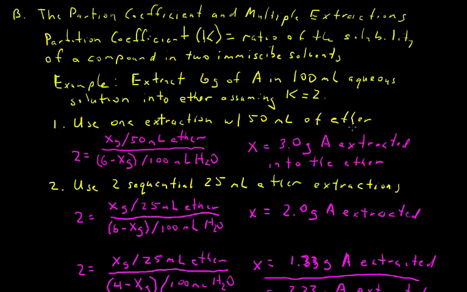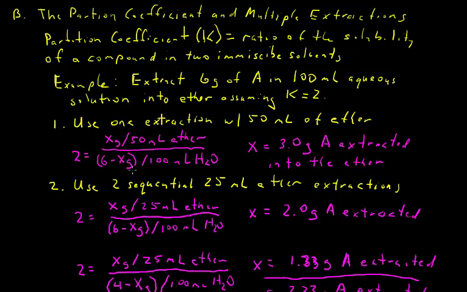It's very easy to calculate how much of compound A will be extracted into the ether if you know the partition coefficient, which is 2. So the partition coefficient K is equal to the solubility, in grams per milliliter, of X grams of compound A extracted into 50 milliliters of ether, over the solubility in the aqueous solution in the denominator.